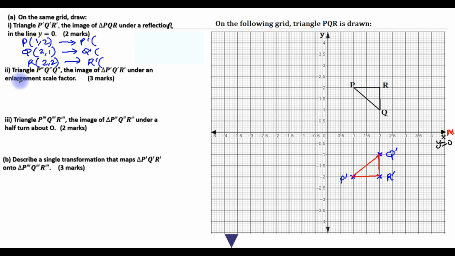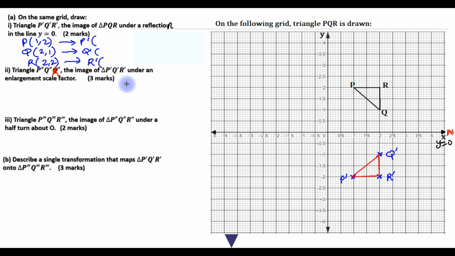Then the other, Roman 2: triangle P double prime Q double prime R double prime, the image of P prime Q prime R prime under an enlargement scale factor.